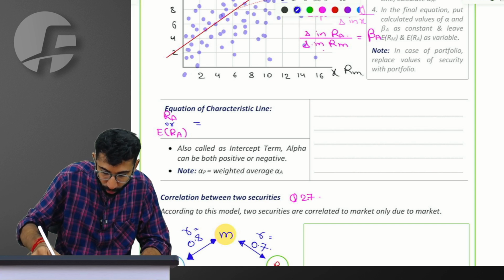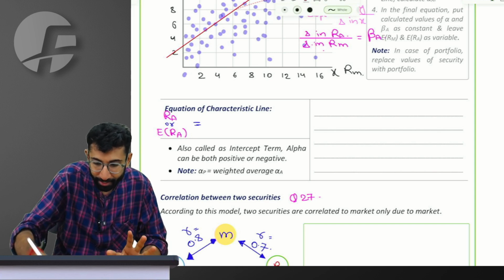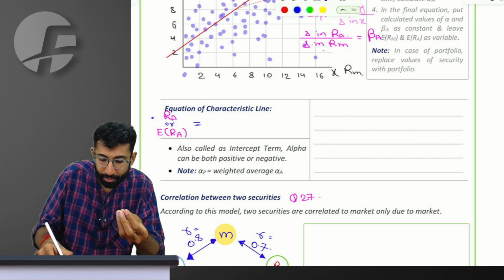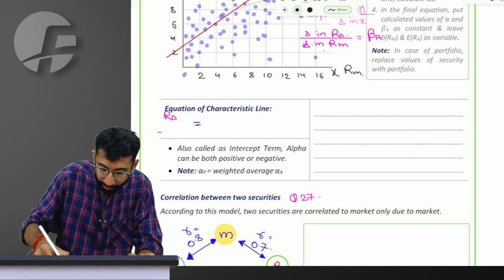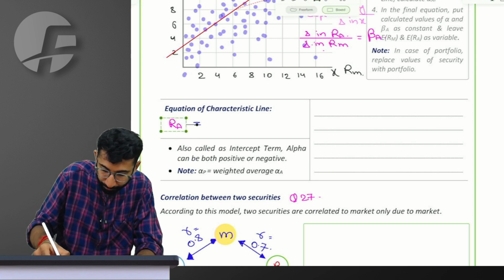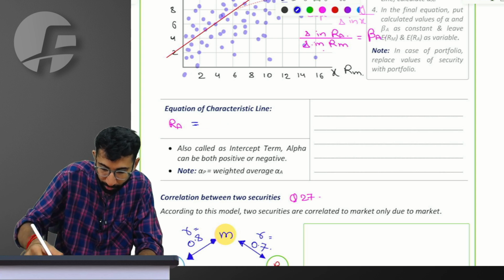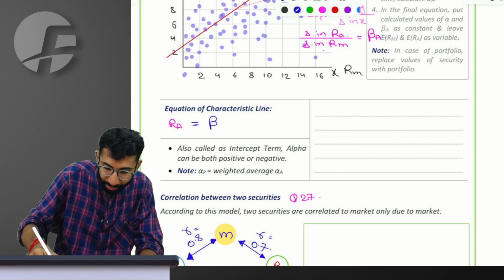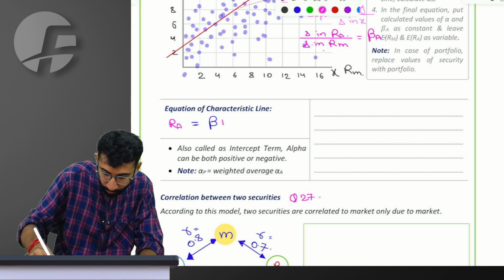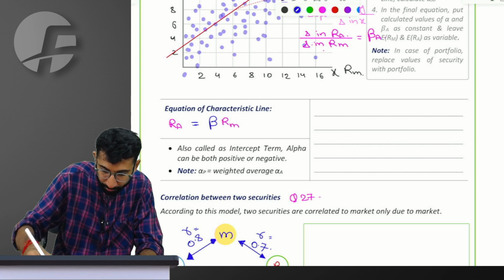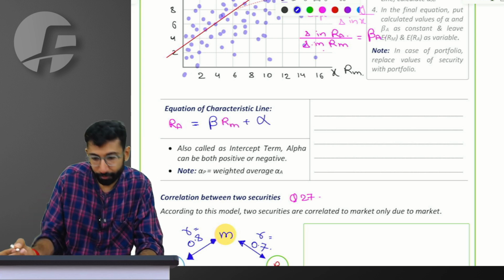Let me keep it simple, let me not put expected return. The return of a security is nothing but beta into return from market plus alpha.